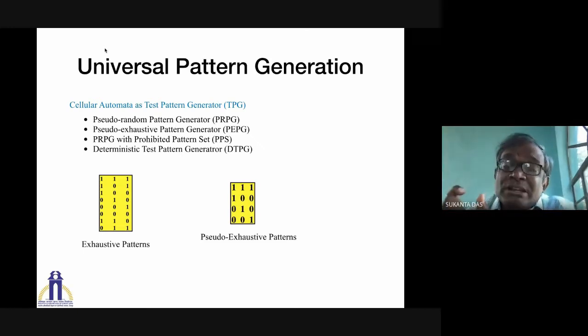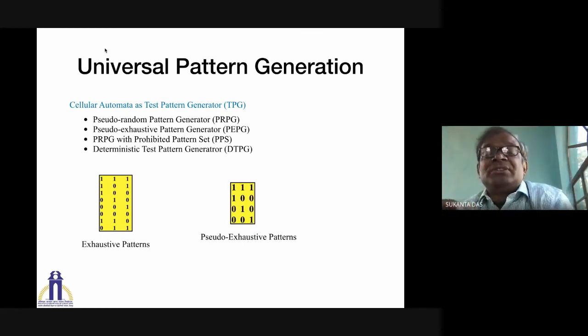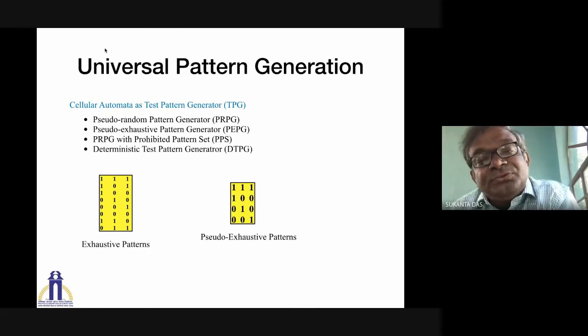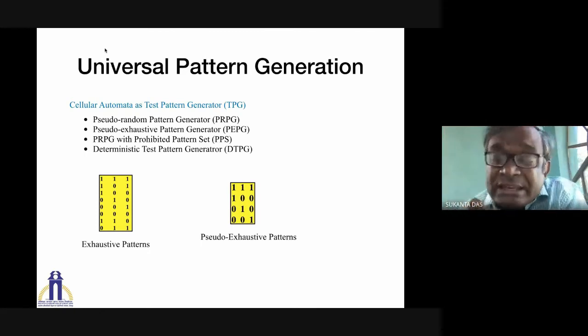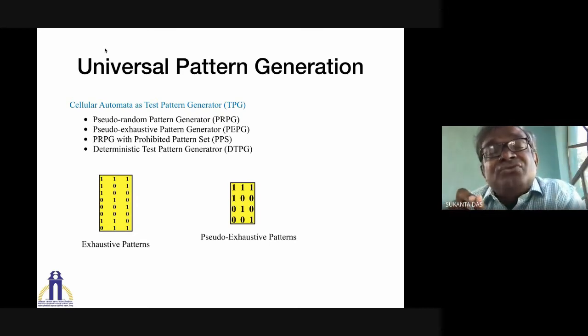So these last two bits have appeared exhaustively in this pattern set, right? In this particular example, the first two bits also appeared exhaustively: 1 1, 1 0, 0 1, 0 0. So what you see here, although the patterns have not appeared exhaustively, three input patterns should have 2 to the power 3, that is 8 patterns, but there are only 4 patterns.